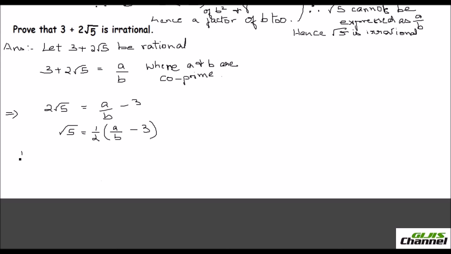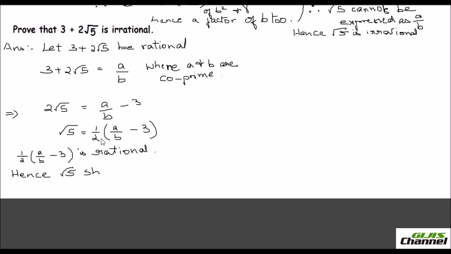Here 1 over 2 times a over b minus 3 is rational, right? Hence root 5 should also be rational.